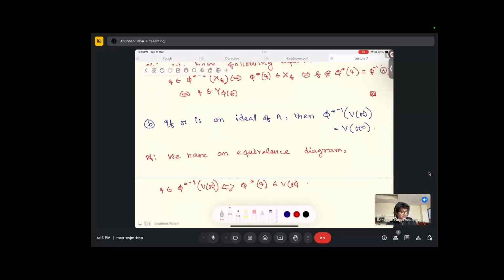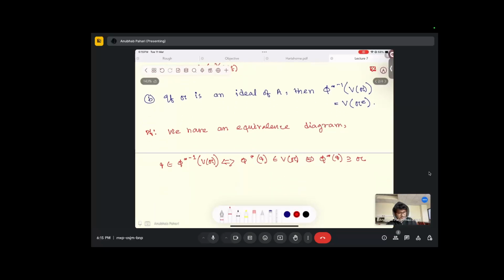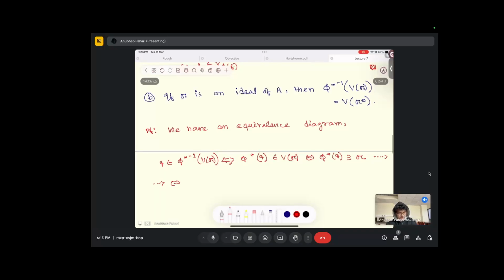and that means phi star Q should contain A, that means Q should contain A extension, right?